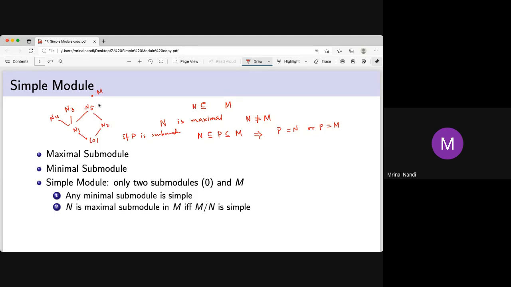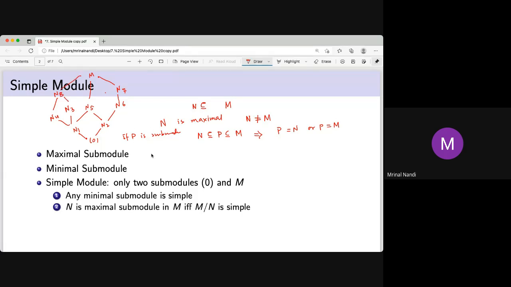In that case, if N5 is N1 plus N2, then N1 is a submodule of N5, N2 is a submodule of N5. Same, it may be N6, it may be N7, something like that. This is also called a chain condition in modules, and M is the last thing, the highest. Every module is a submodule of M. So maybe you can go directly to M, or maybe via N7, N8, like that.